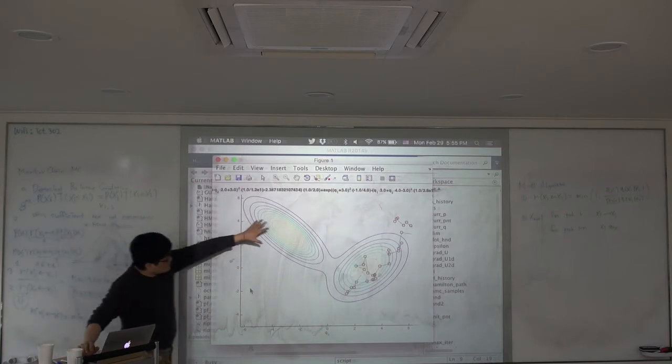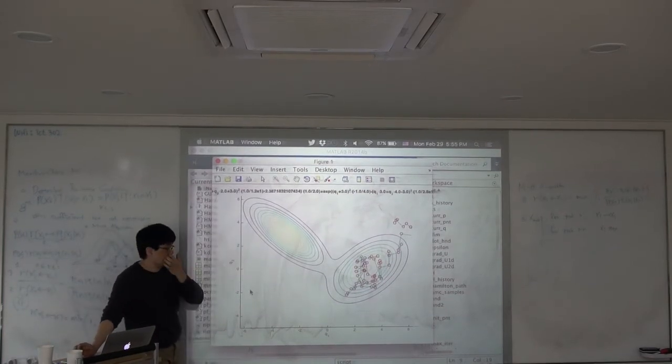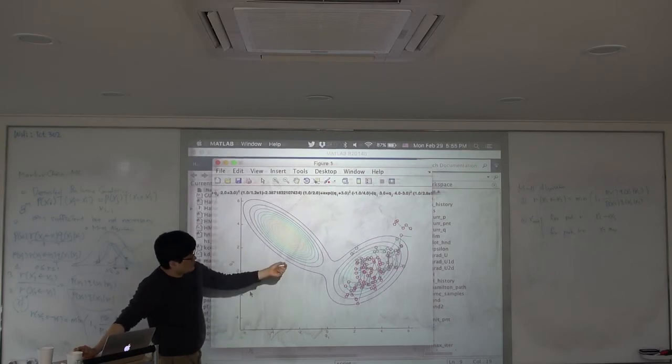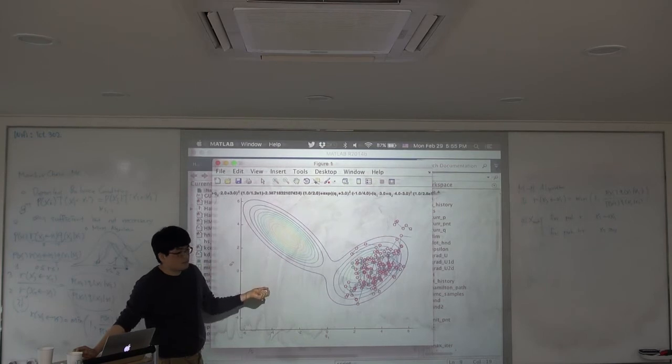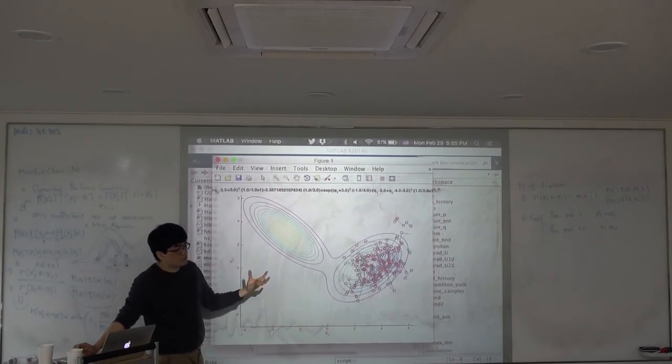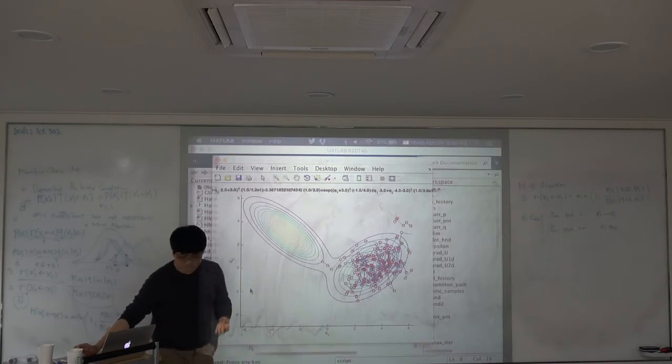This one is the original true distribution, and you want to sample from this distribution. I'm showing here the Metropolis-Hastings algorithm with a Gaussian proposal distribution.